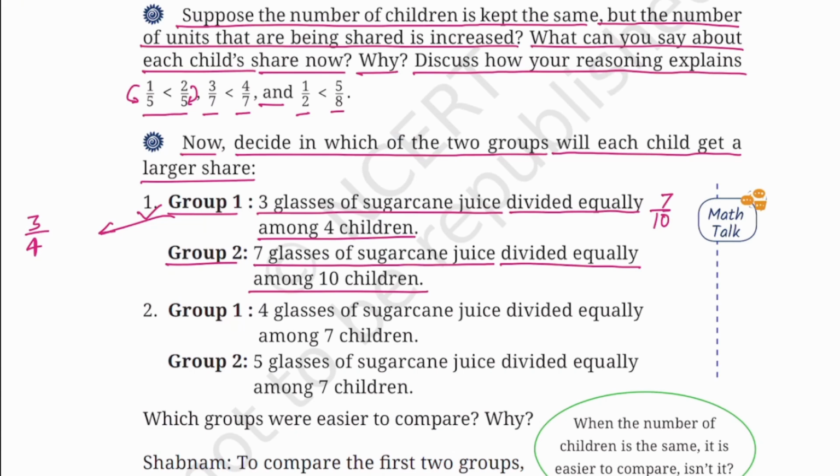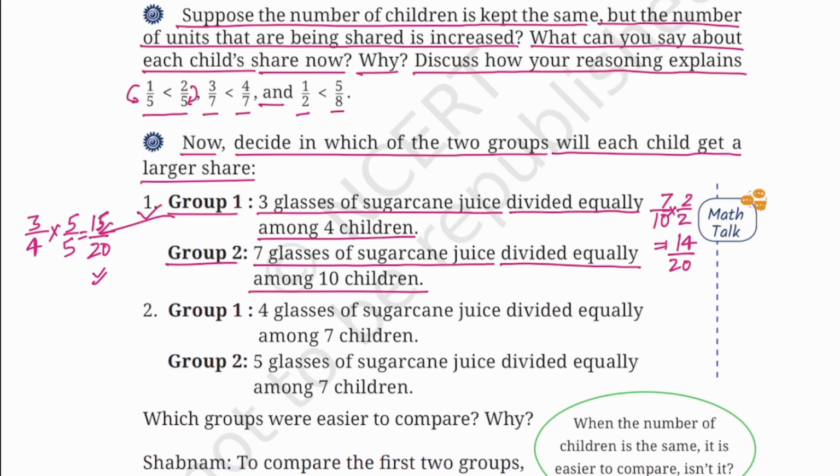You can make the numerator equal or the denominator equal. For simplicity, I am making the denominator equal. You will get 15 upon 20 here. You will get 14 upon 20 here.